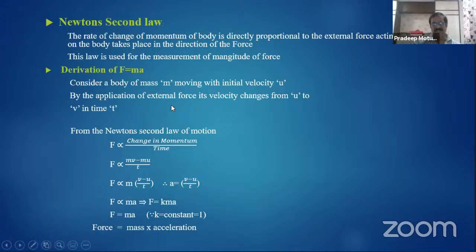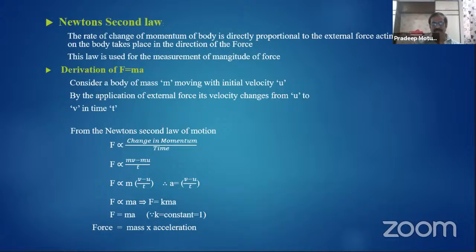Hope you understand this derivation. Students, if you know the second law, you can easily derive F is equal to ma using it. That is why this law is used for the measurement of the magnitude of force.